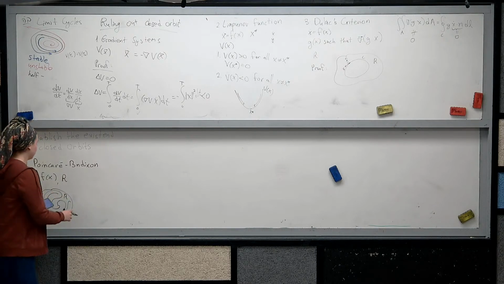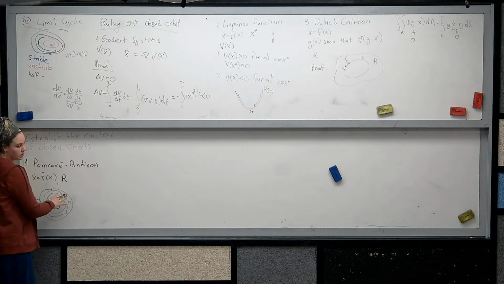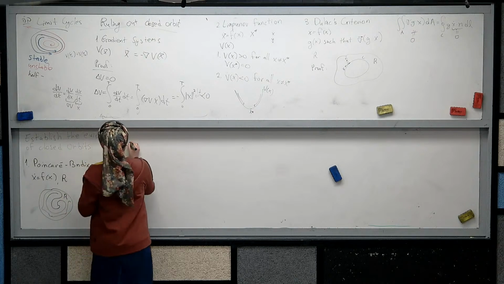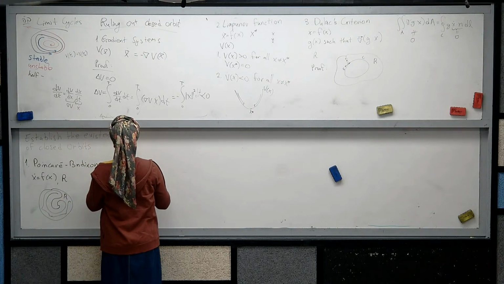Even if this trajectory is not a closed loop, there is one here. Okay, first way. Second way is Liénard system.